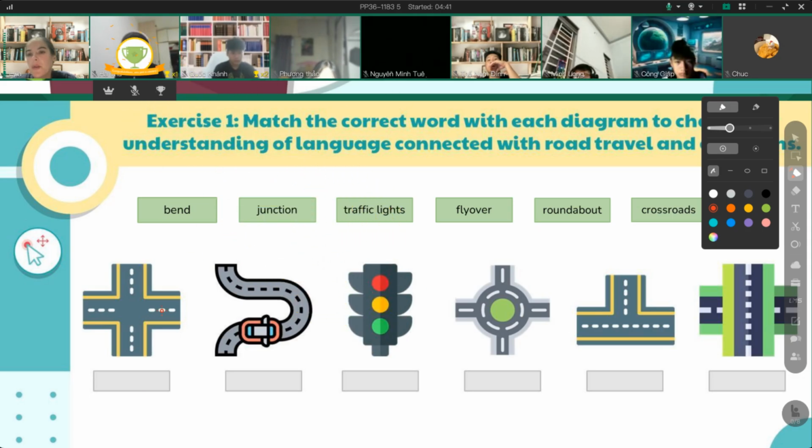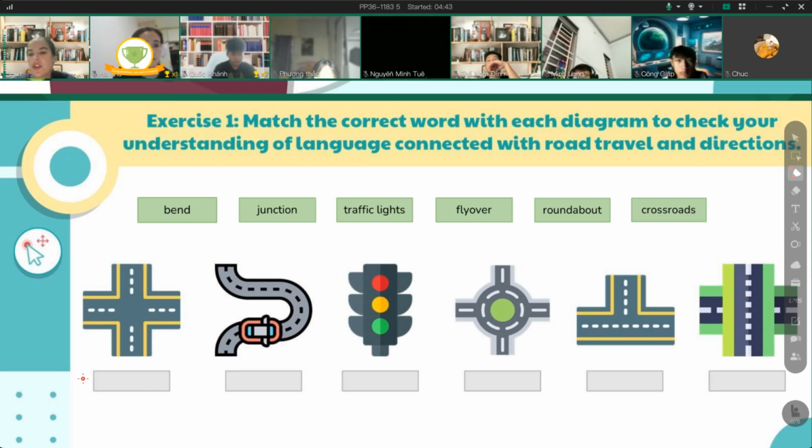Atu, will you please tell me what you think is this first picture? Please turn on your sound.